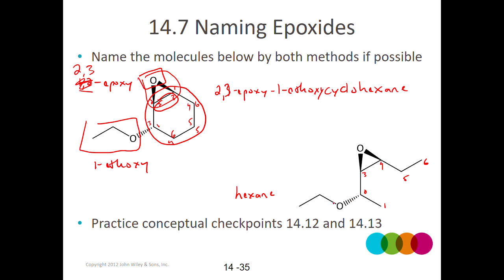I've got the ethoxy on 2. I've got an epoxy on 3 and 4. Again, EP comes before ET alphabetically, so it'll be 3,4-epoxy, 2-ethoxy, hexane.